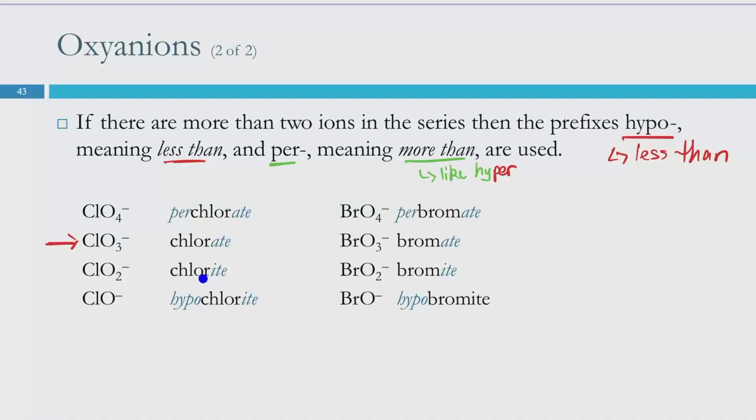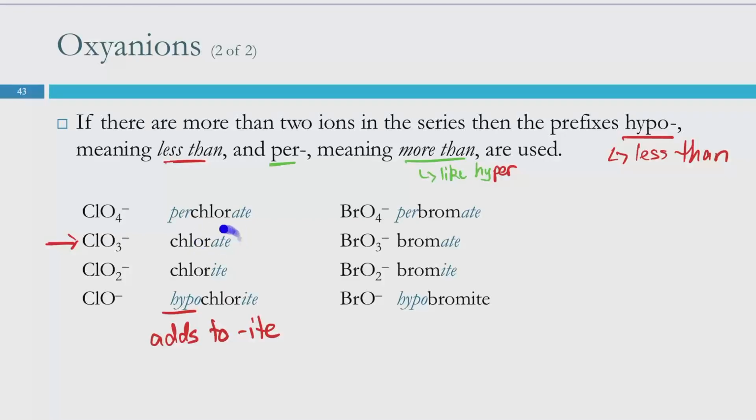If we take 1 more off from the ITE ending, now we add the hypo in front. So this adds to the ITE ending. It means take 1 more off. So if you've got the ITE ending, take 1 off. If you've got the hypo prefix, take another 1 off. They're additive.